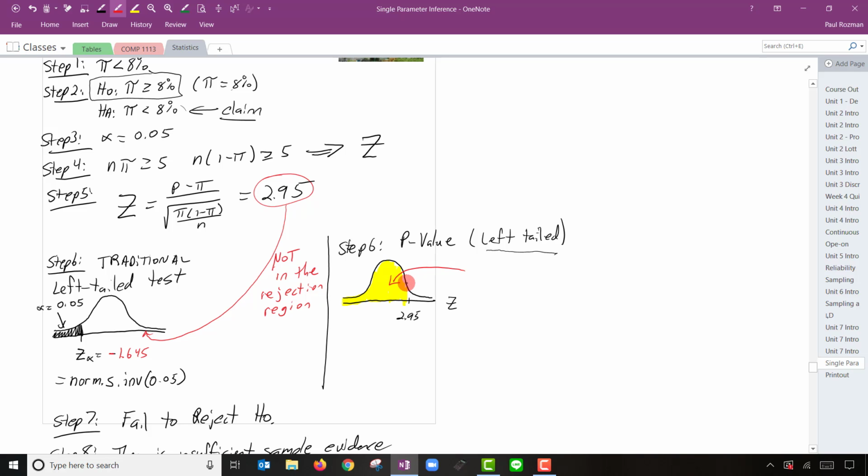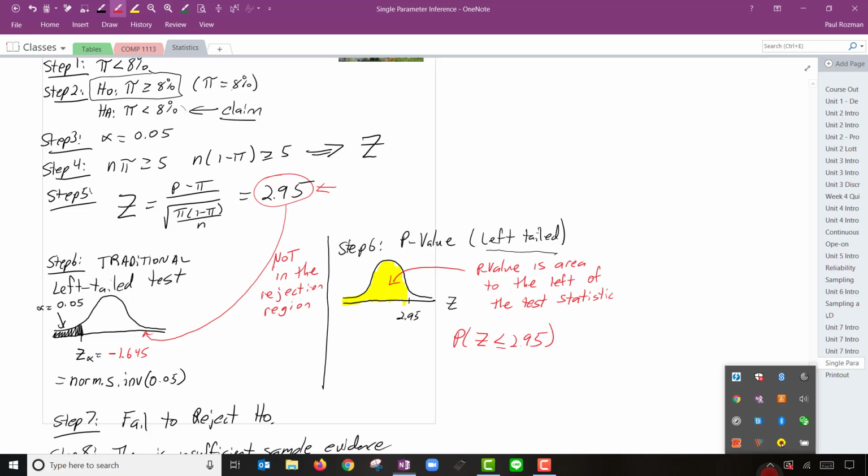It's the area to the left of the critical value. I'm sorry, the p-value is the area to the left of the test statistic, the 2.95. So we want the probability of a z-score being less than or equal to 2.95. That's our p-value.